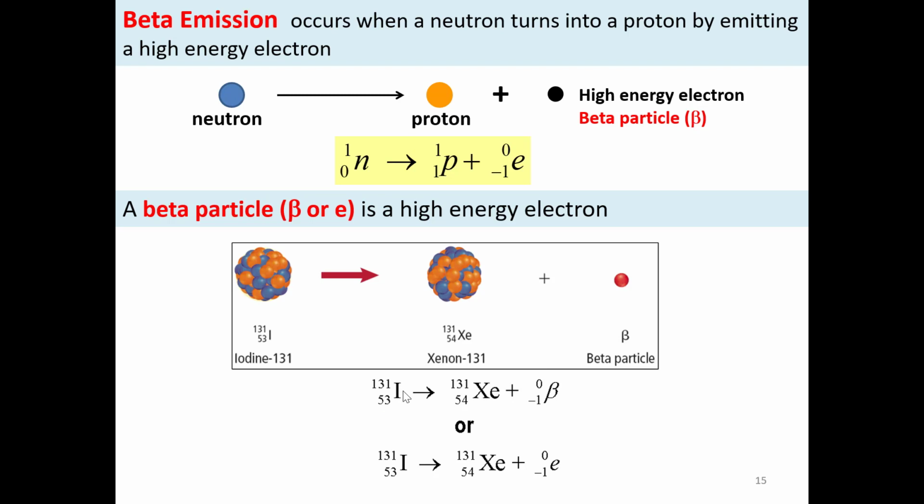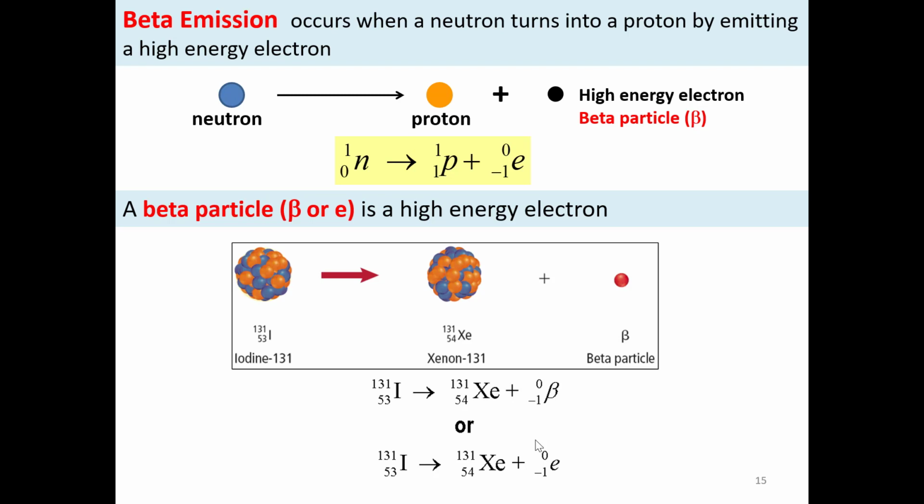Iodine is converted into xenon plus a high energy electron, which corresponds to the symbol of the beta particle. Or you can also write the beta particle using this symbol. Either way is correct.